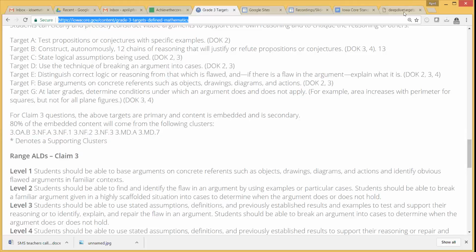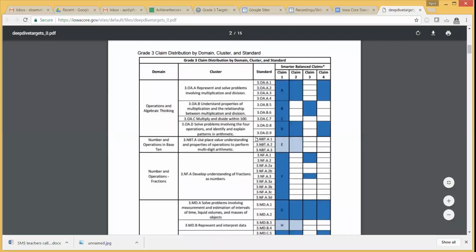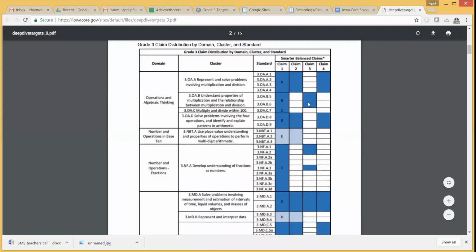And another place that you can see that is in the deep target document. So if you come over to here, you'll see the chunks of where that information is, see, solve problems involving measurement. So we've got it there. And then represent and solve problems involving multiplication and division.